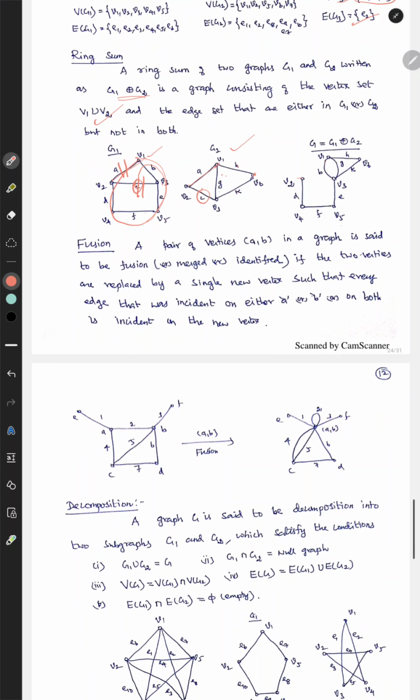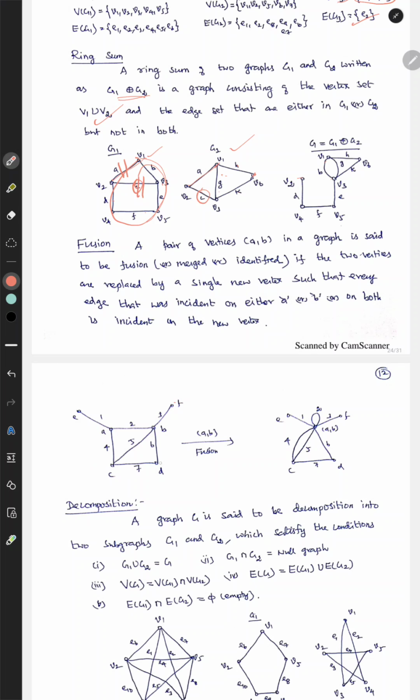Now what do you mean by fusion? By fusing two vertices, we mean the two vertices are now considered as a single new vertex, a fused vertex, and every edge incident to either of these vertices will be incident to the new vertex you are forming.